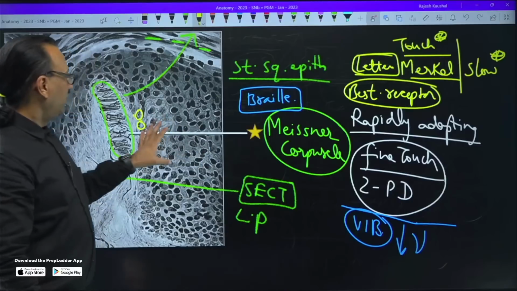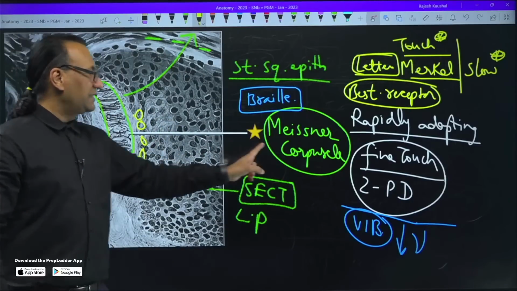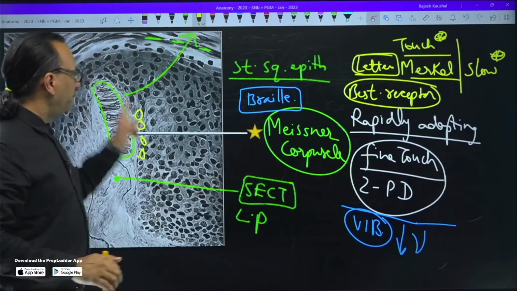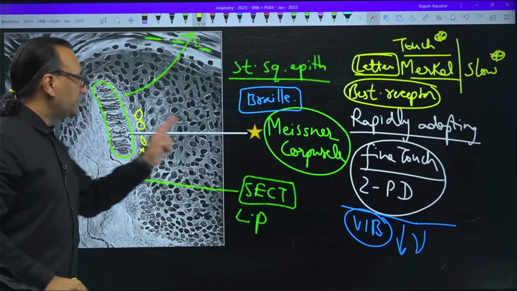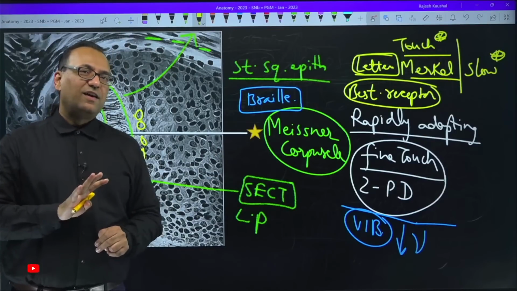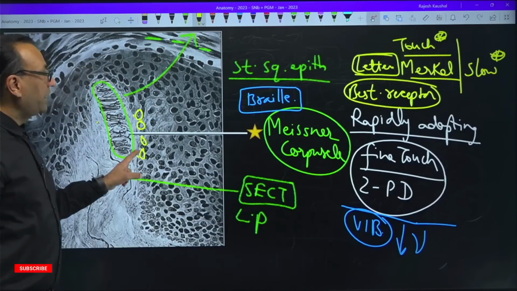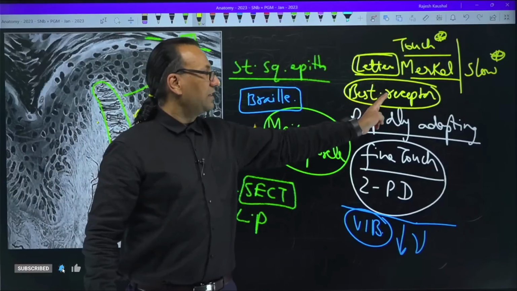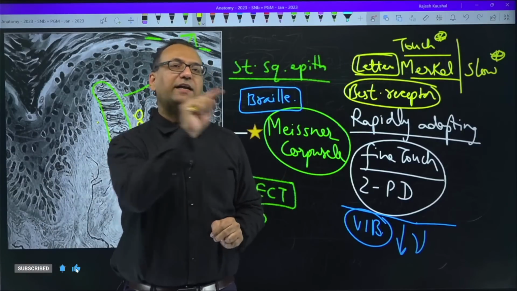Maybe the Meissner corpuscle is not the best receptor to reading Braille, but it is the one which help you read the sentences, the stories. Maybe the best receptor is the Merkel, but Merkel cannot help you reading sentences fast.